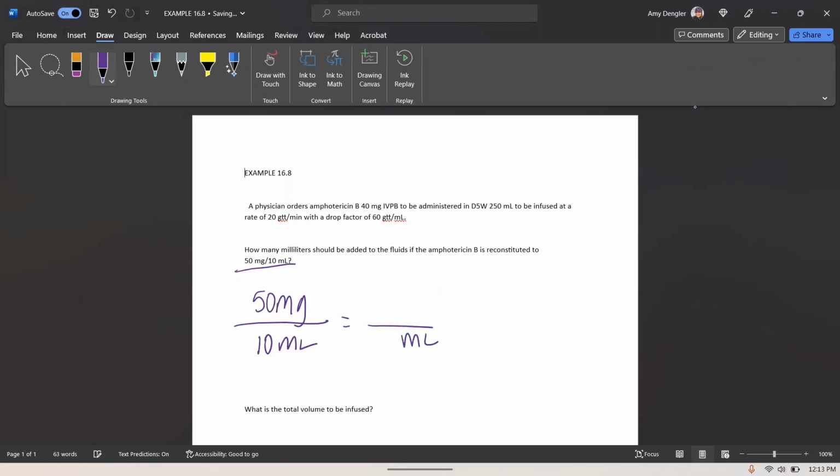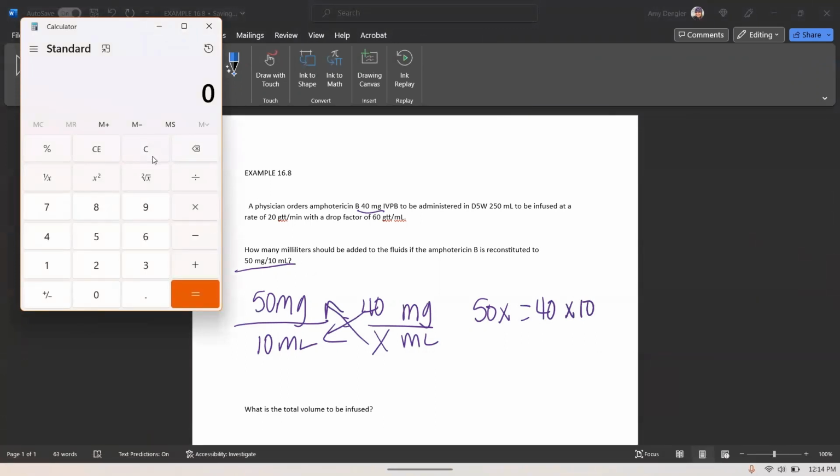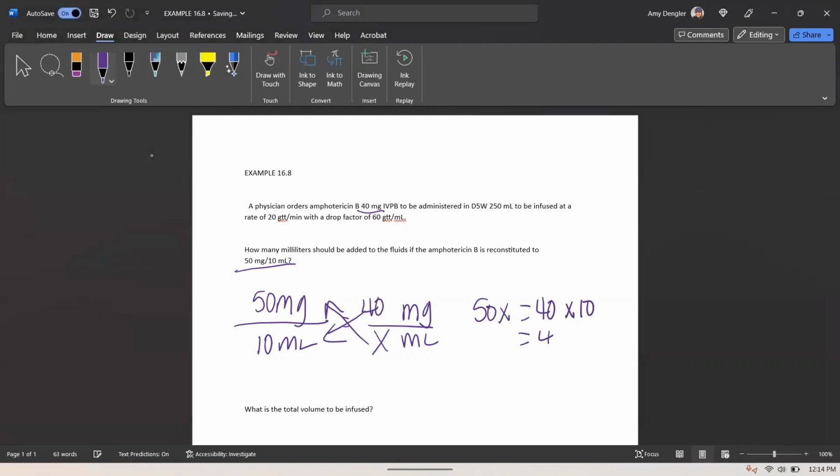Again, we need our milligrams on top and milliliters on bottom. We're looking for how many milliliters, so I need to plug in my milligrams, which is 40. So 50x is equal to 40 times 10. 40 times 10 is 400.